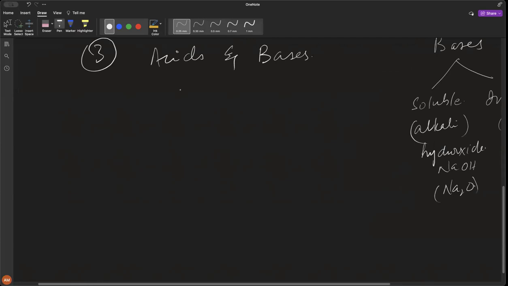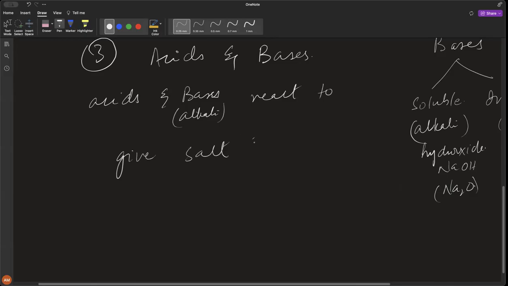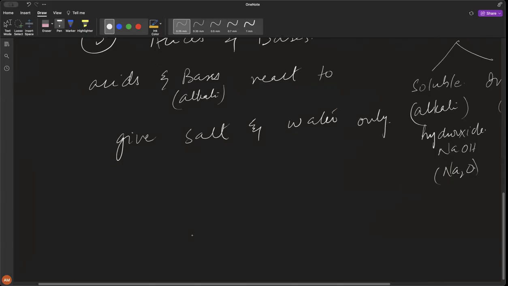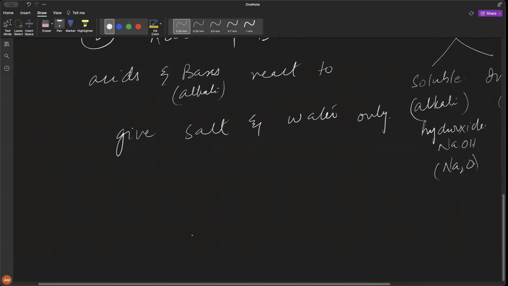So this reaction, acids and bases, which include the bases and the alkalis, both of them, react to give salt and water only. You have to keep that in mind.